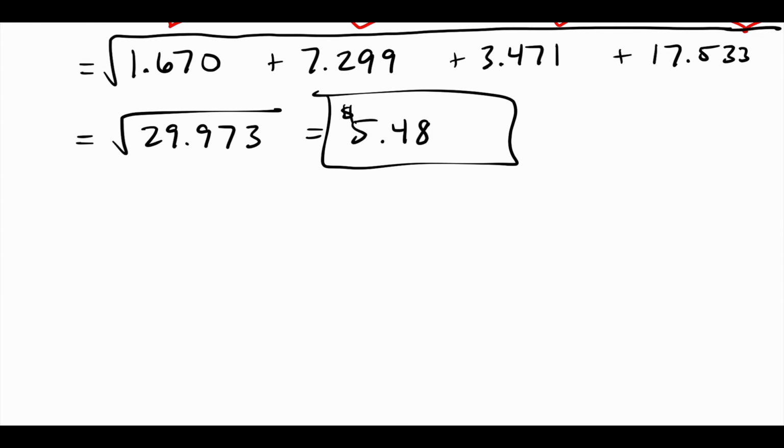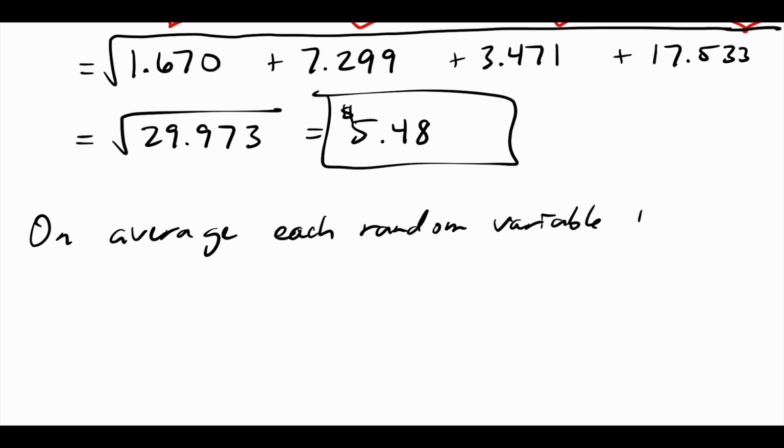Okay? So on average, each random variable is $5.48 away from the mean.